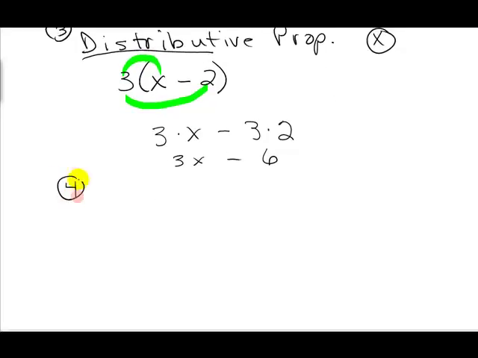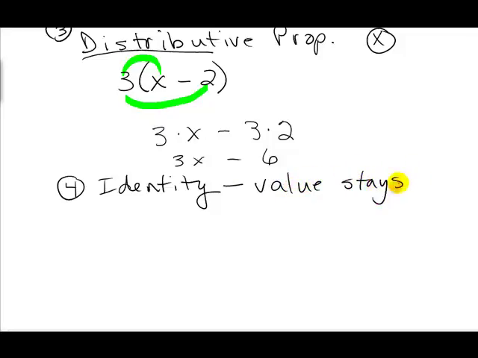The fourth property is called the identity property. And for the identity property, the value stays the same. Think about your own identity. You are who you are. I'm Cindy.